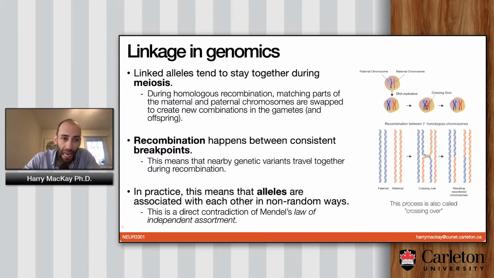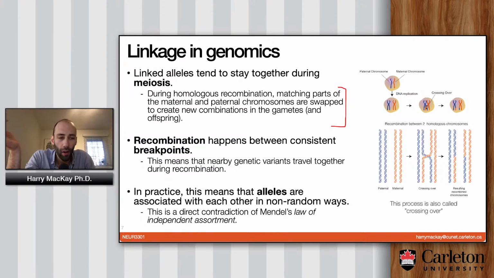As I've said a number of times now, linked alleles tend to stay together during meiosis. During the homologous recombination phase, the chromosomes get together and swap out different parts. Parts of the maternal and paternal chromosome are swapped to create new combinations of chromosome fragments for the gametes and therefore for the offspring.